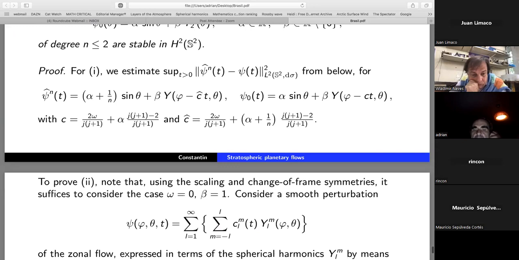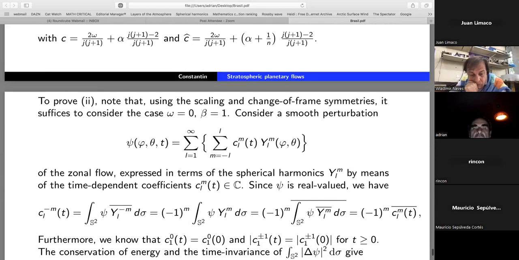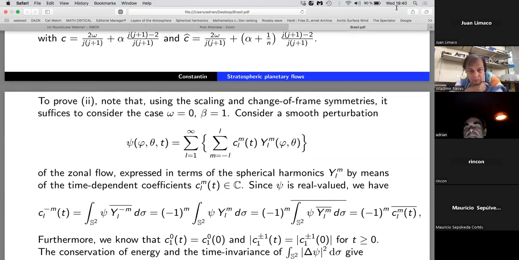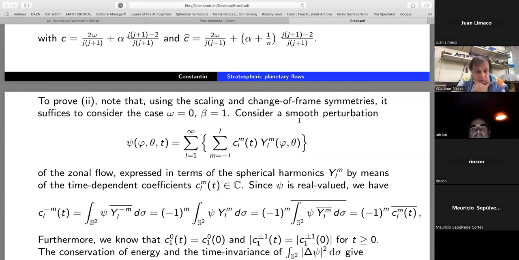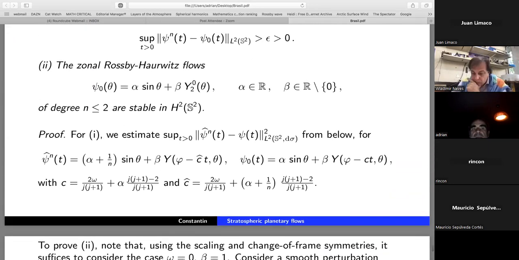Now the instability is not too complicated. I will briefly explain in the last 5 minutes how you prove stability for this Rossby-Hurwitz wave of degree 2. So this is a real wave. These waves are really observed.